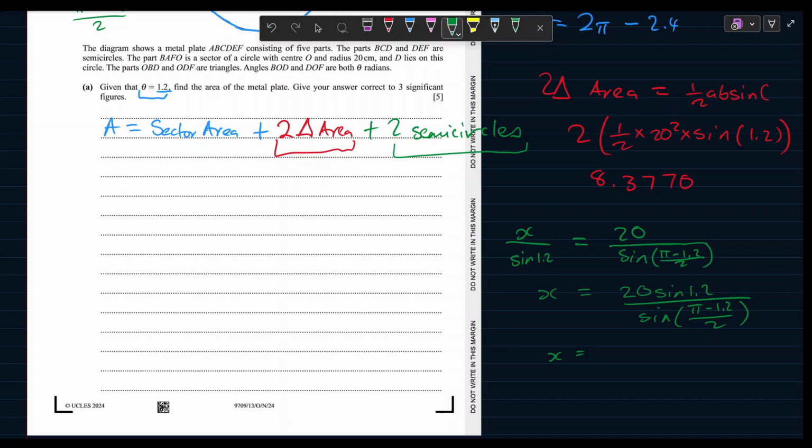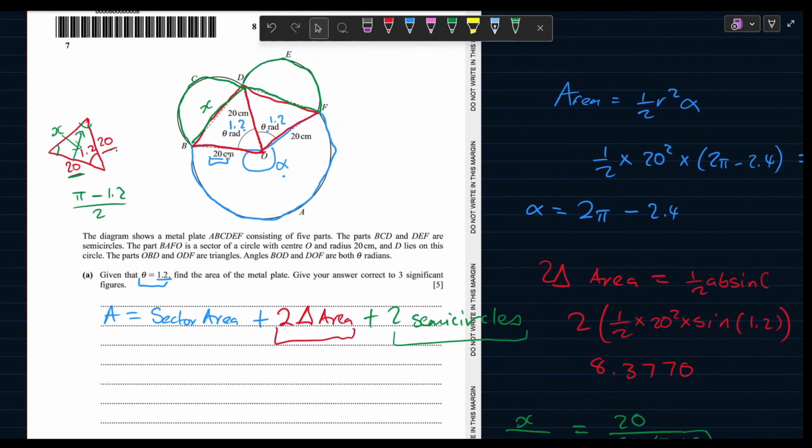Let me just make sure my calculator is in radians. So 20 sine 1.2 over sine pi minus 1.2 over 2. This gives us a length of 22.5857, correct to 4 decimal places. So now we have the length of x.